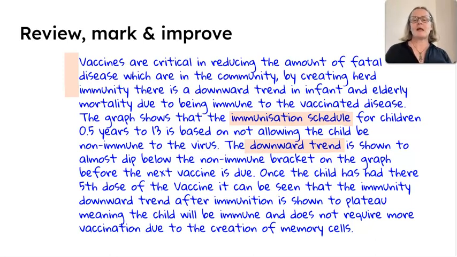They talked about plateauing, so meaning that the child will be immune and doesn't need more vaccinations. So that's probably good, but it isn't a full plateau. It's a slight decrease and it gets to 65. So I think what this answer really lacks is purpose. So you'll really want to think about, what am I trying to say?